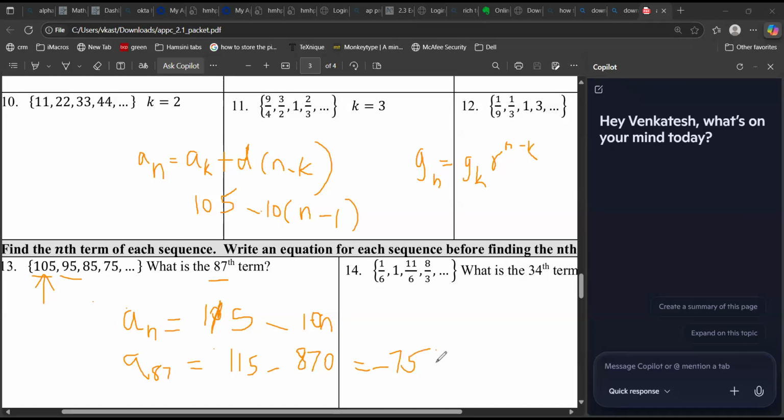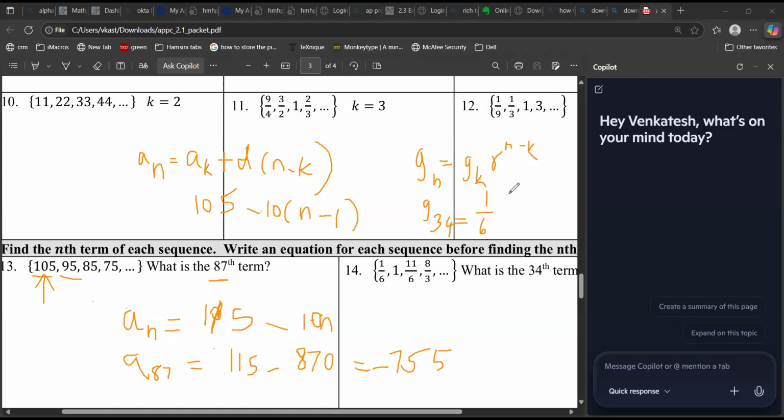Similarly, for the geometric term, what will you do? Gn is the nth term, the 34th term, and it will be equal to gk. First, you need to write the general format. We are starting with the first term, r to the power of, r is what?